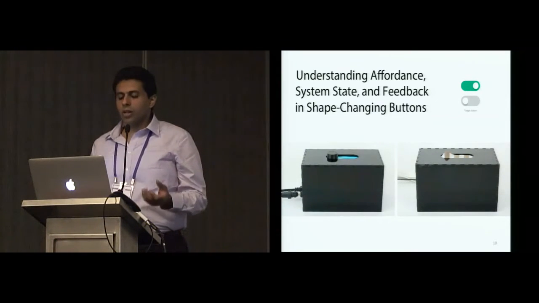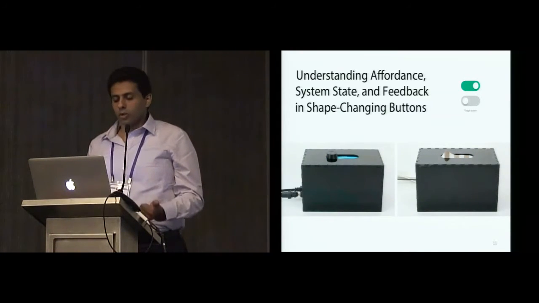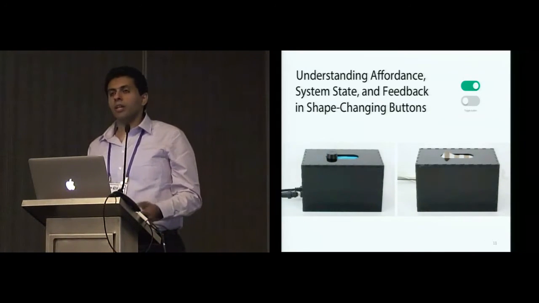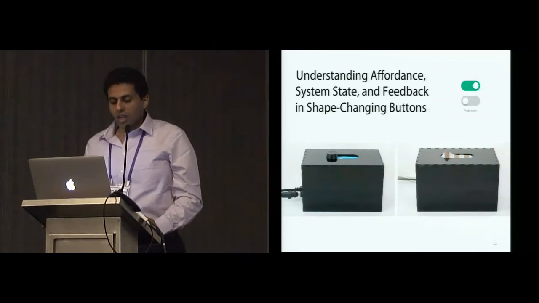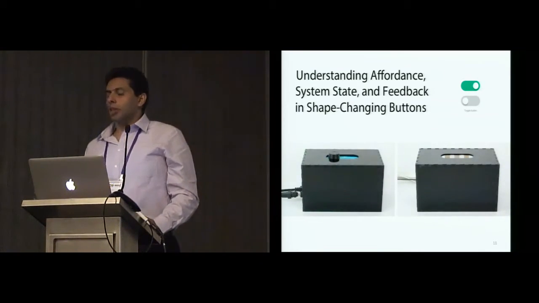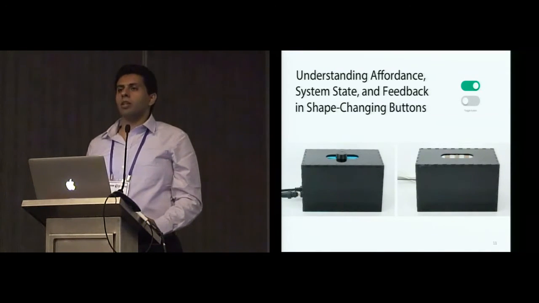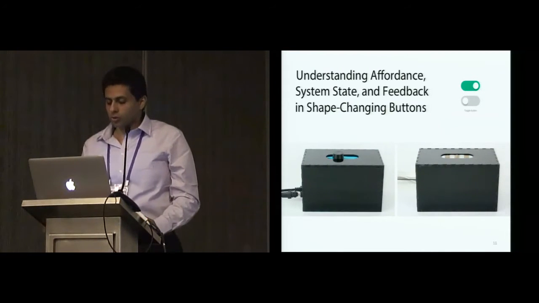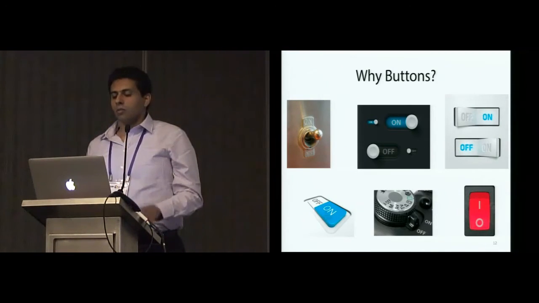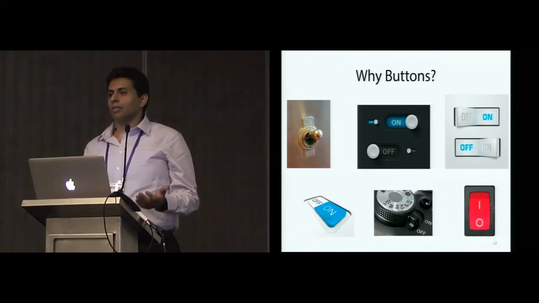We present an in-depth empirical user study of affordances, system state, and feedback in shape change, and we do this using shape-changing buttons. Basically, we developed some shape-changing buttons, and we ran a study in order to understand how users perceive and act upon those buttons. But you might be wondering, why buttons?